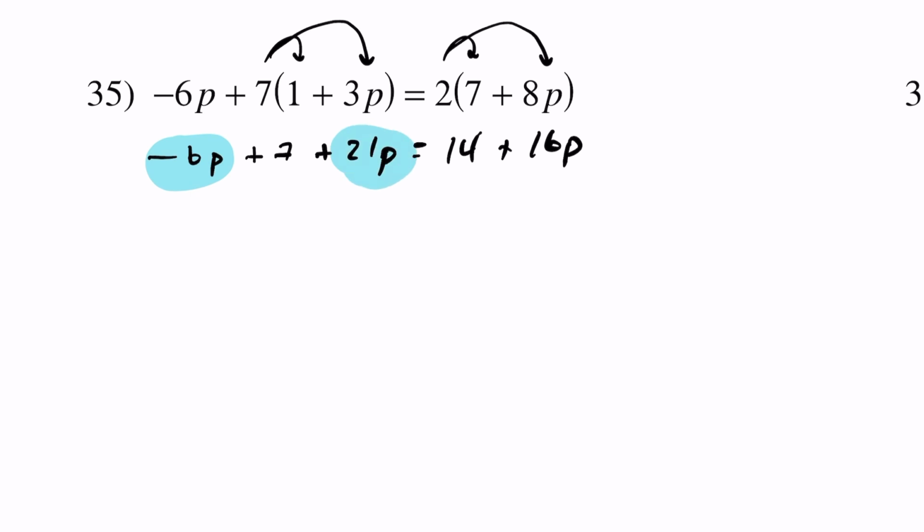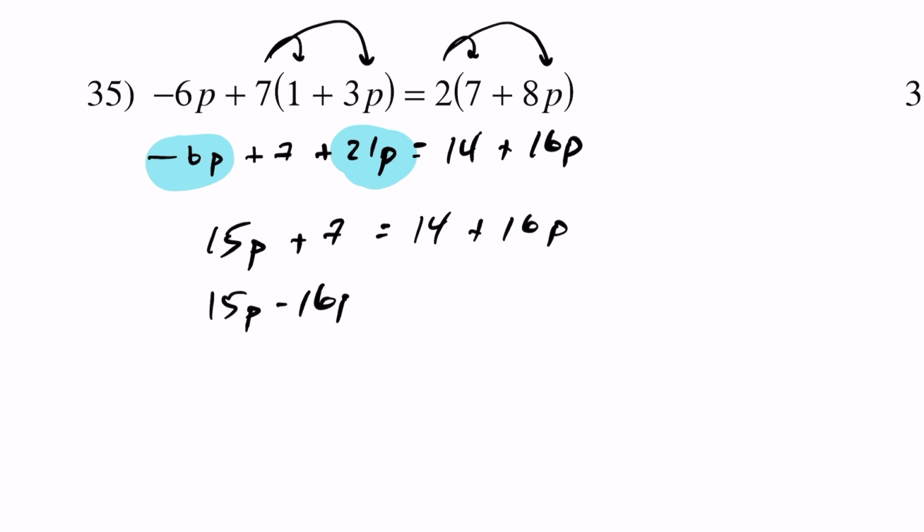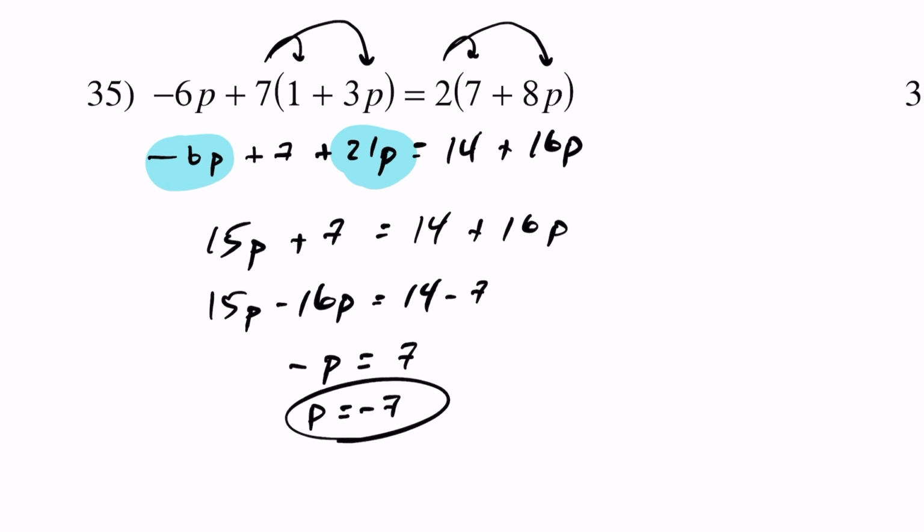So negative 6p plus 21p is going to give me 15p plus 7 is 14 plus 16p, and we have 15p minus 16p is 14 minus 7, in which case I get negative p is 7, and then multiply across by negative 1, you get p is minus 7.